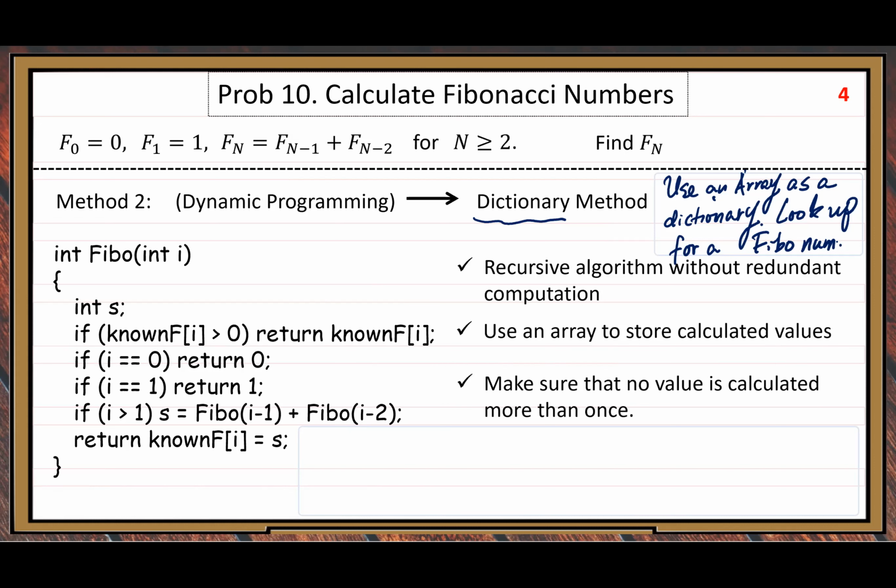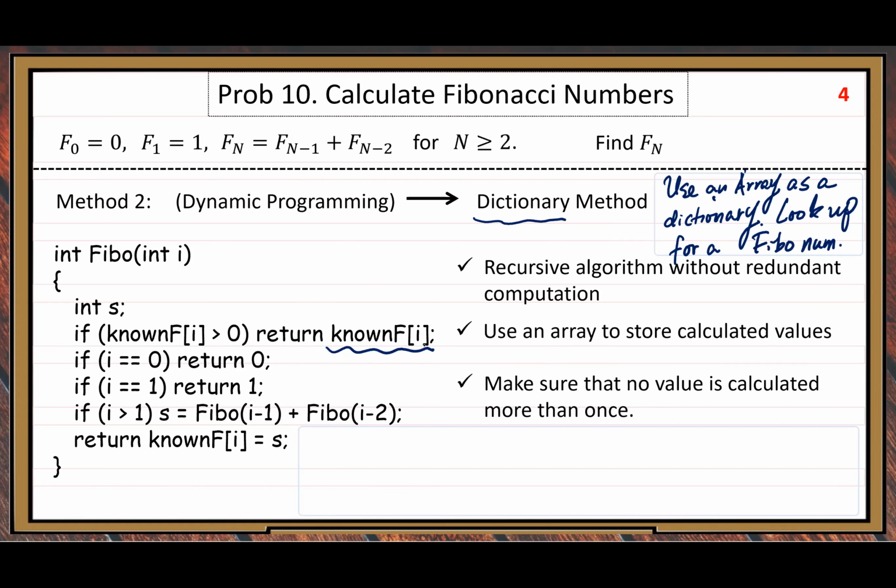Now our implementation is like this. We create an array called the known F array. The values are known. After you store Fibonacci numbers in this array, they are known. Since they are known, we should not calculate them a second time.